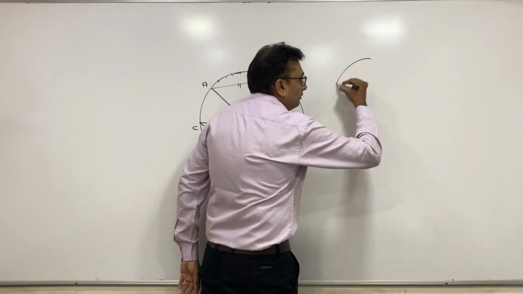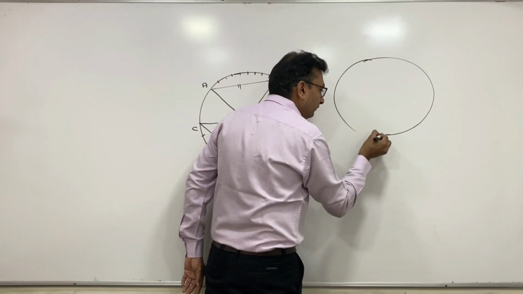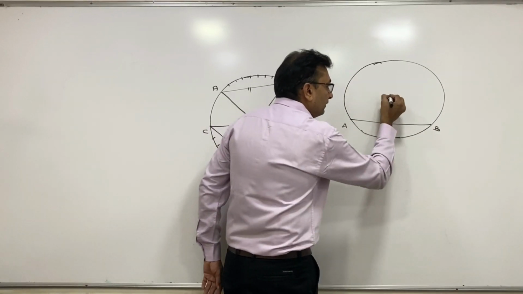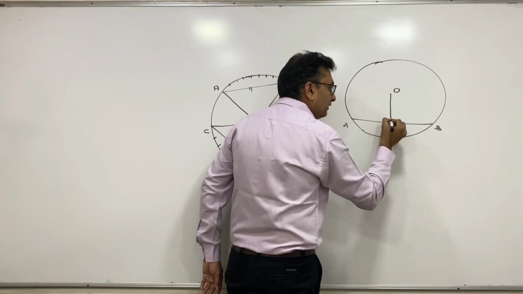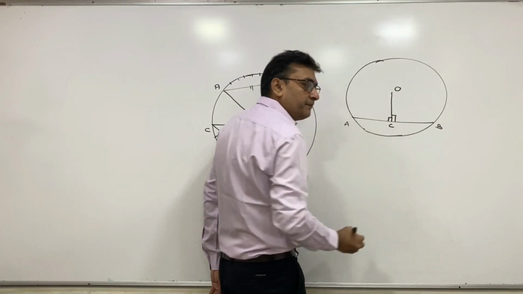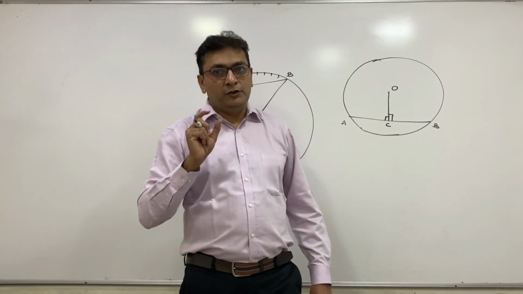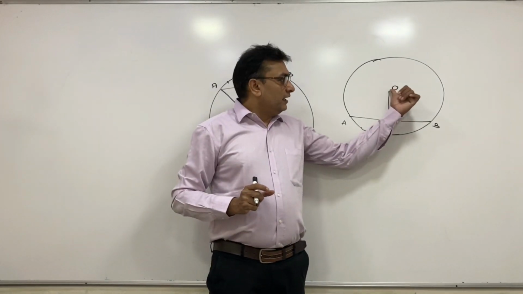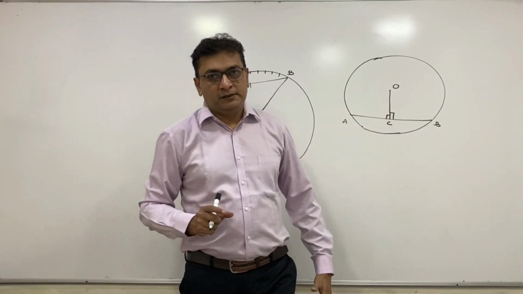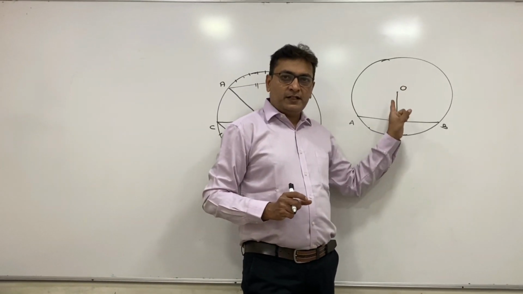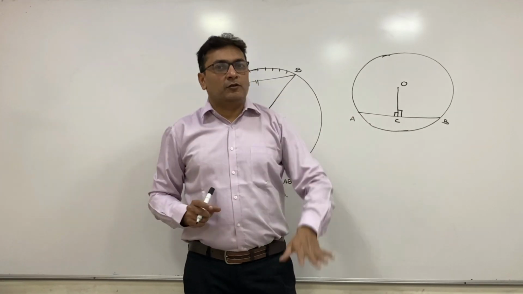Now we move on to the next and important property, but a very simple one. Suppose this is a chord, this is the center, this is the perpendicular. Properties of a perpendicular line drawn from the center of a circle to the chord. A perpendicular line drawn from the center of a circle to the chord bisects the chord.